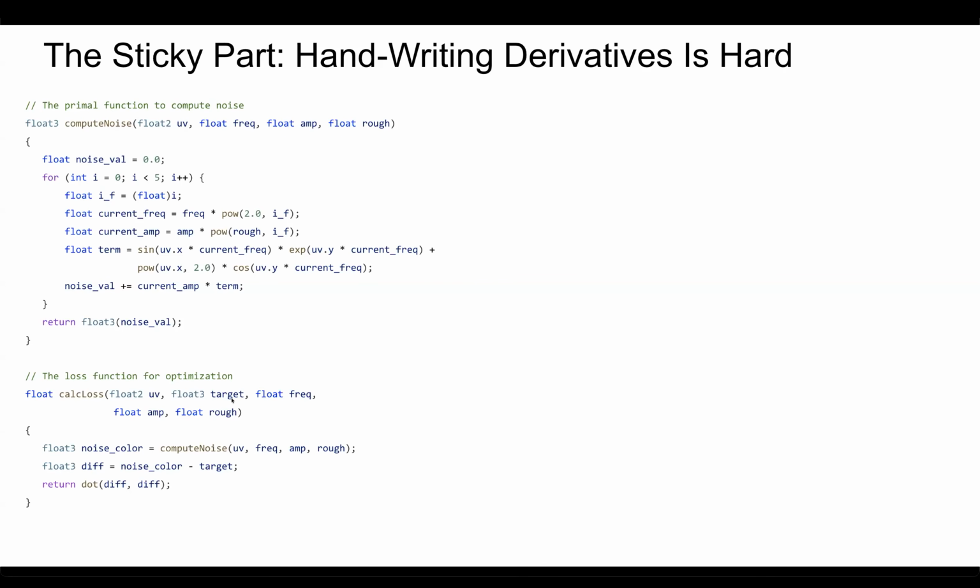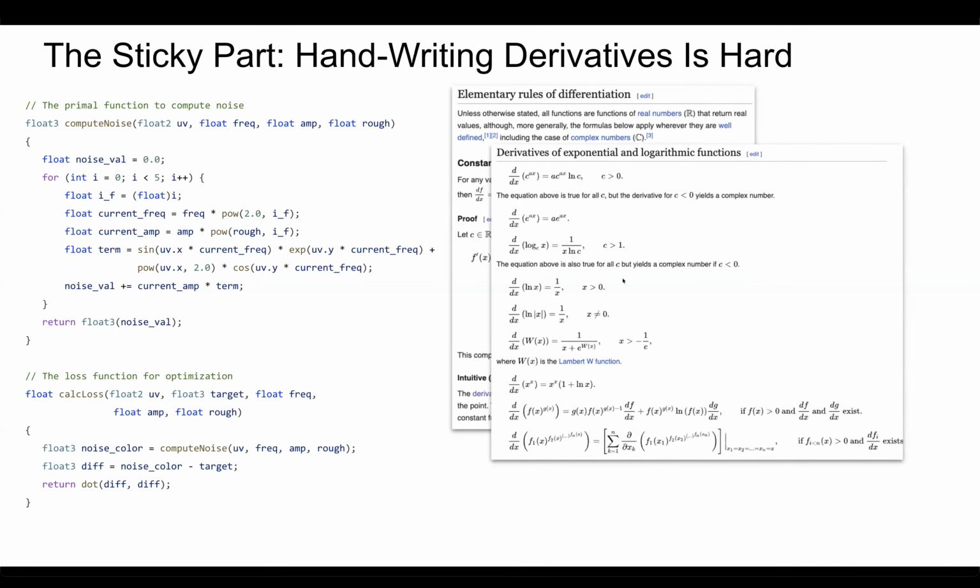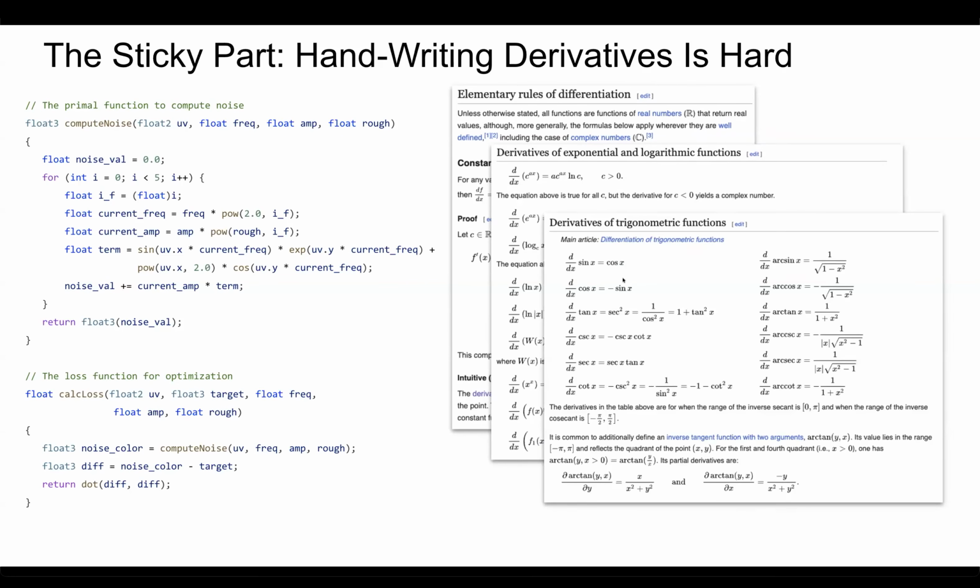Now, if we were in another shading language, we'd have to write that derivative code by hand. All right, so I haven't done calculus by hand in a while, so I just got to refresh my memory on all of the rules. And then I got to look up the transcendental derivatives because we've got trig functions in there, figure out what order to apply the product rule and the chain rule and all of that.